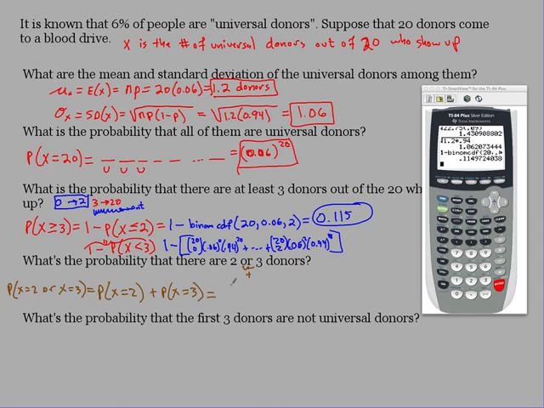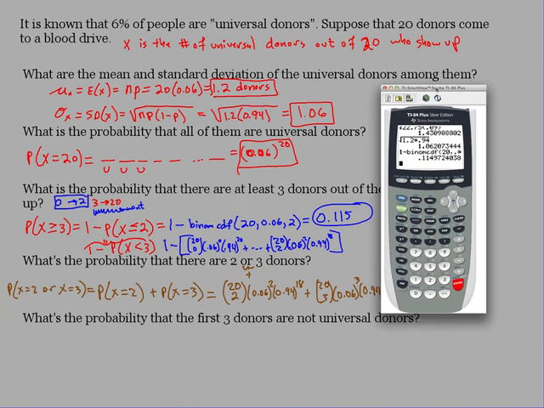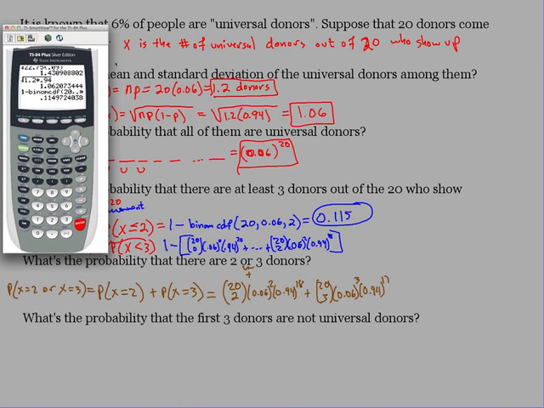So I'm going to do this in binomial formula notation, which would be I have 20, I want 2 successes. If I have 2 successes, that means I have 0.06 squared and I have 0.94 to the 18, plus 3 successes out of 20, which means that I would have 0.06 cubed and I would have 0.94 to the 17.